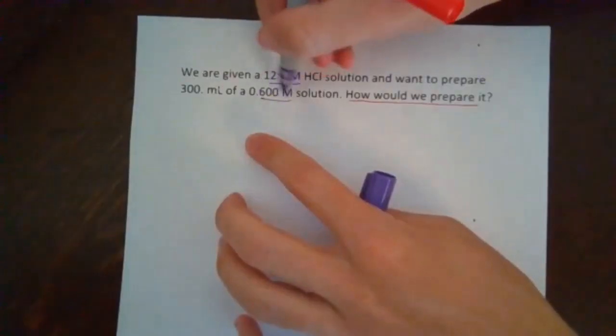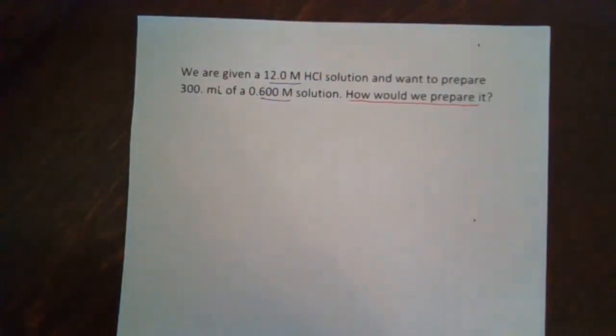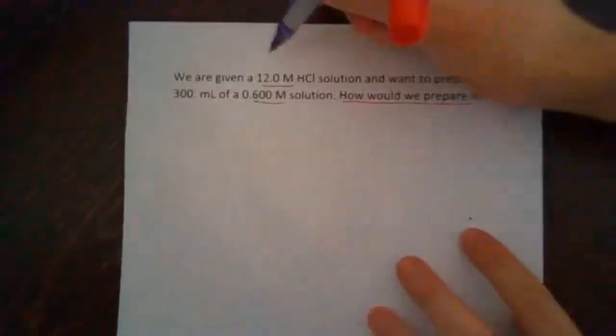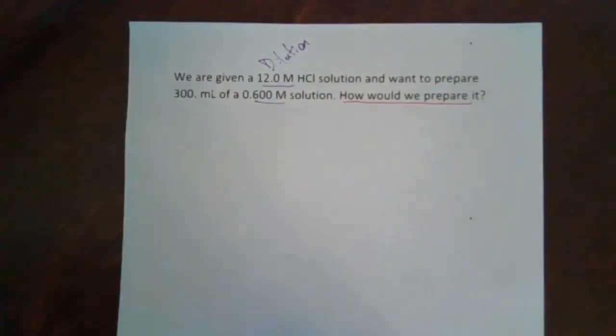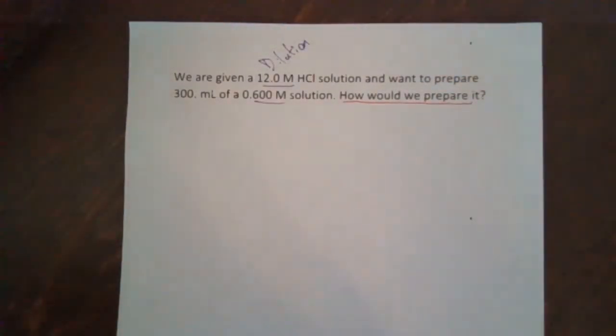I got 2 molarities that are given right there. Means I'm dealing with 2 different solutions, which means this is a dilution problem. I'm going to take my more concentrated solution, I'm going to add some water to it, and I'm going to end up with a larger volume of a lower concentration solution.